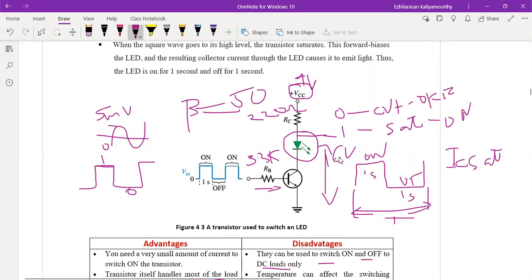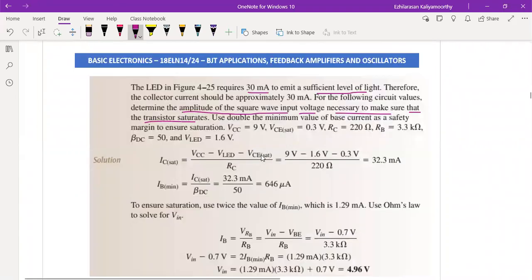How much is it? 1.6 volt. So VCC minus VLED, then minus VCE SAT. Normally the VCE SAT will be negligible, or sometimes we need to use it also, divided by RC. As per Ohm's law, I is equal to V by R. Substituting the corresponding terms from the given data, you will get the IC saturation as 32.3 milliampere.